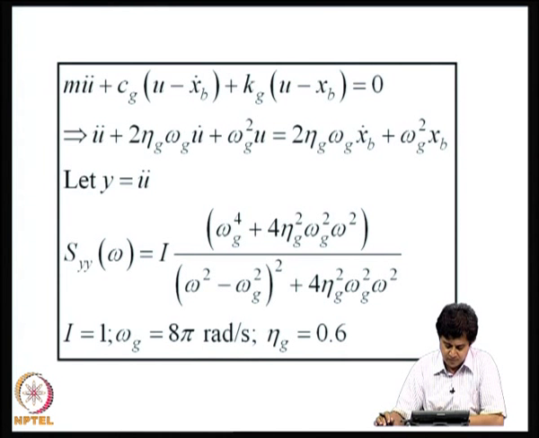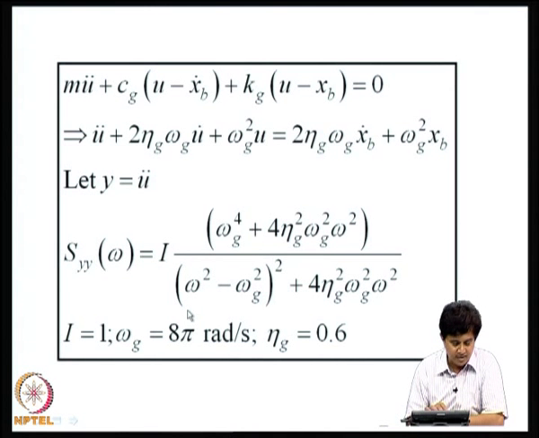Another example, we discussed the Kanai-Tajimi power spectral density model when we discussed models for earthquake ground accelerations. Suppose I want to simulate now samples of earthquake ground accelerations whose power spectral density function is given by the Kanai-Tajimi power spectral density function with some of these parameters, I equal to 1, omega g is the ground natural frequency, eta g is the ground damping.